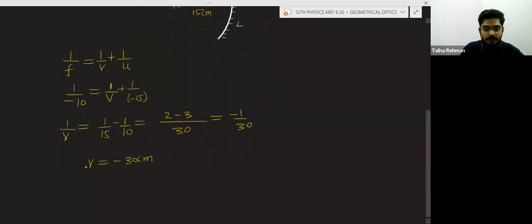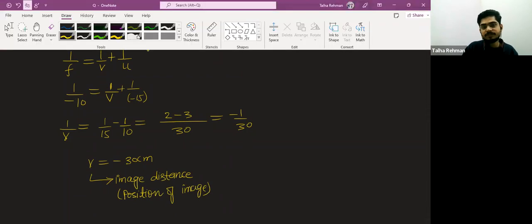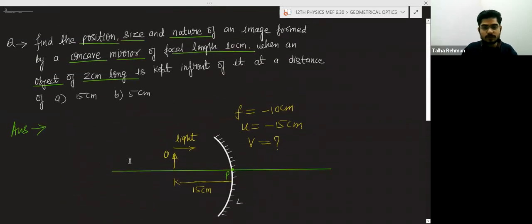Now what is v? v is the image distance from the pole, and this is also the position of the image. This sign is negative. Negative sign means you are measuring the distance of the image from the pole in the opposite direction of the incident light, at a distance of 30 centimeter.